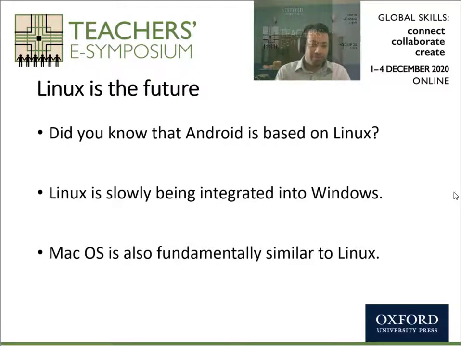Kernel is kind of, well, it's complicated. It's what the operating system on top, the front end, which we interact with, connects to the hardware with. So if you think about this, the fact that Android and iOS and macOS are very similar to Linux, they are basically the same fundamentally.